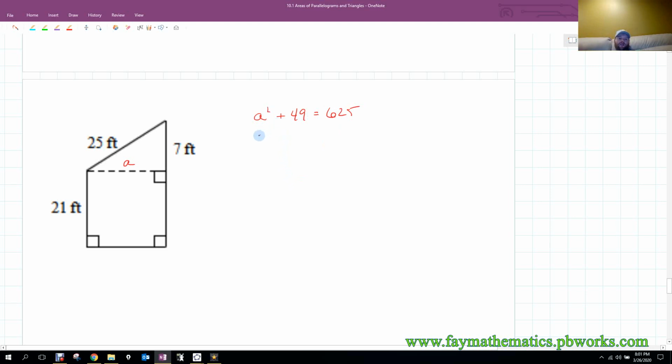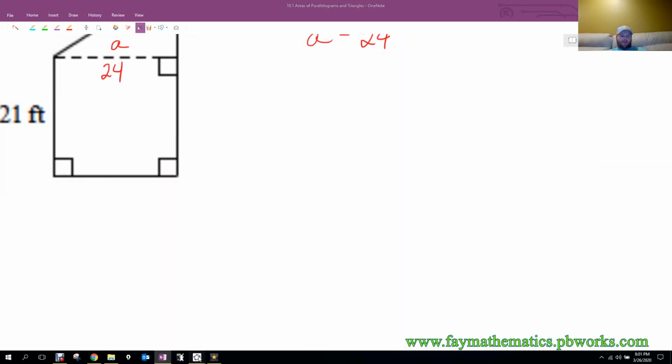So A squared is going to equal 625 minus 49, which is 576. The square root of 576 is 24. So we get 24 there for A. Let me just double check that.